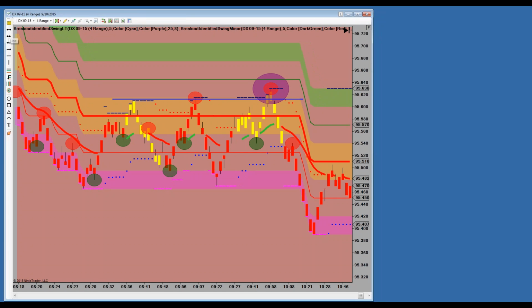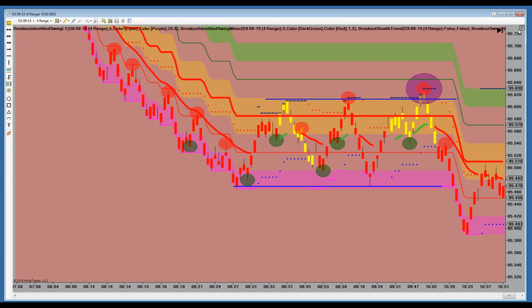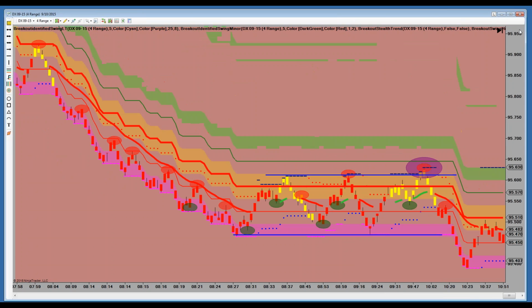But that doesn't mean you can't trade it, and that doesn't mean there might not be some good trades setting up in here that you might want to take. So let's put it in context of the overall move. Here's the bigger picture. Now take that same question, trending or not trending, and what would you say on the chart now that you see the whole picture?